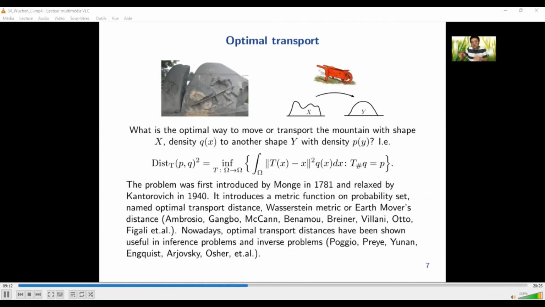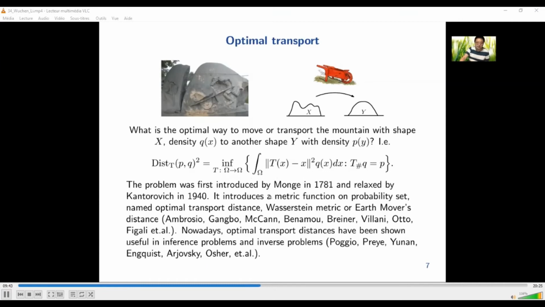Basically, you have two densities, one with the shape X, the other with the shape Y. You want to find the best way to move or transport one mountain with shape X to another shape with density P. Basically, you want to find the best mapping function to map one density to the other density, and you want to minimize an L2 type of cost in terms of mapping between them.